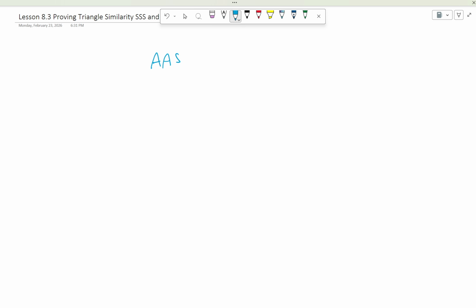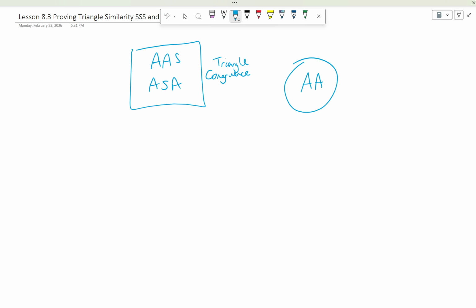Let's talk about angle, side, and side, angle. What we've discussed so far is that we have this for similarity, and this is for congruence. Now, what we have for similarity is we have angle. Think about this: the third angle is automatically going to be congruent between the two sets of triangles.